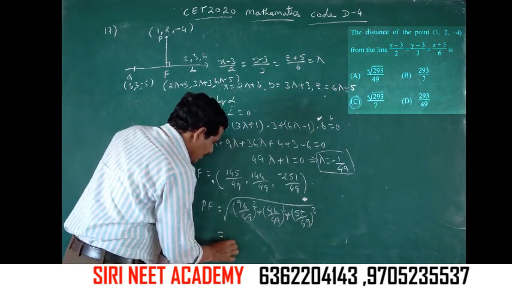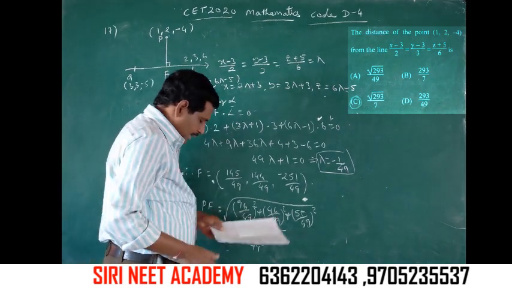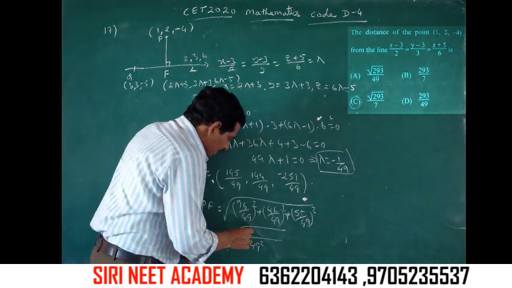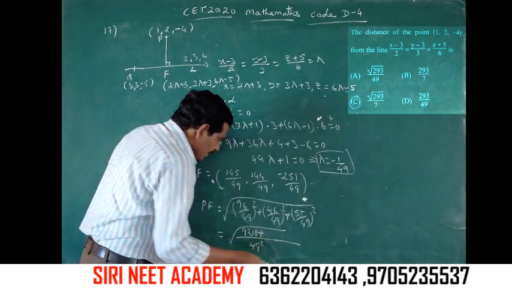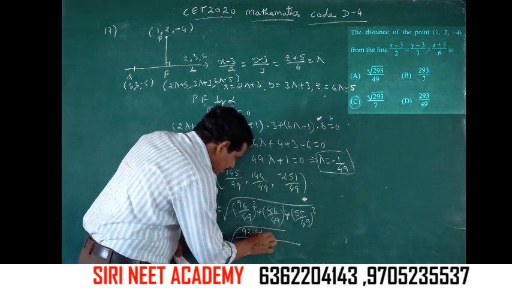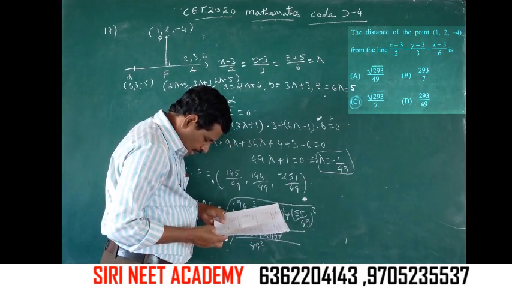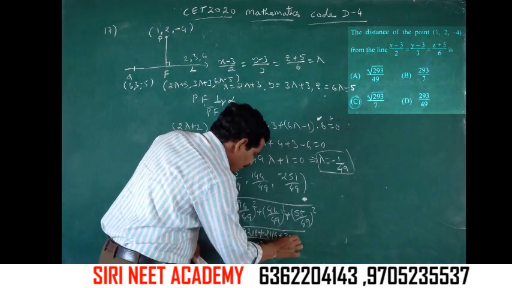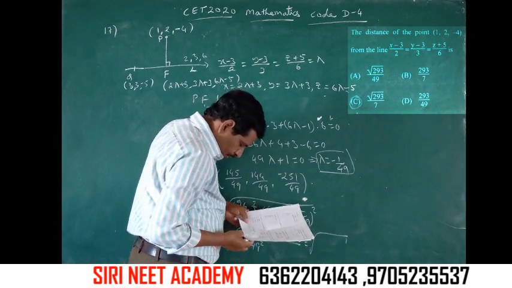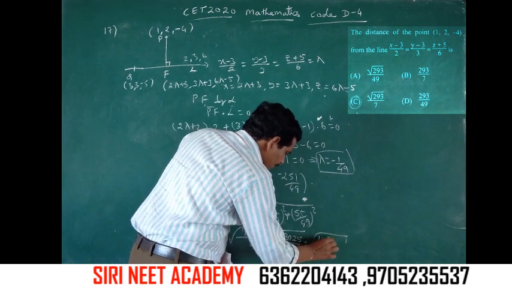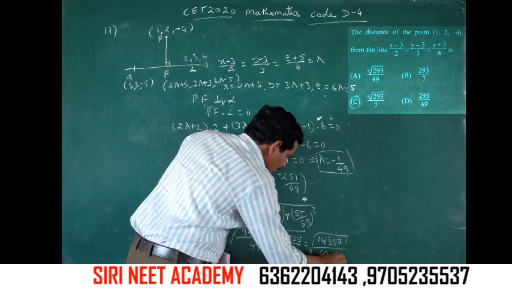That is equal to root of, denominator 49 whole square, numerator 96 whole square, 9216, plus 46 whole square, 2116, and 55 whole square is 3025. It means the numerator value is 14357 divided by 49 into 49.